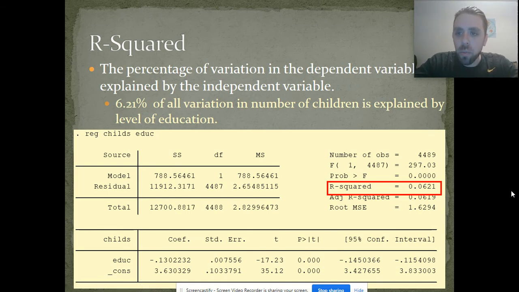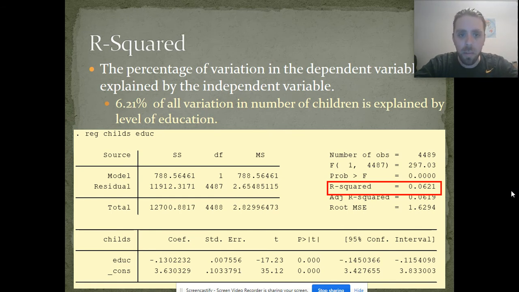R squared is regression's version of ANOVA's eta squared or chi-square's Cramer's V, where you were able to get the percentage that got at the strength of the relationship. So I can look at this and say that, all right, well, this is a significant thing. Education does influence number of children, but 6.2% is kind of small. I can probably do better by controlling for other factors.